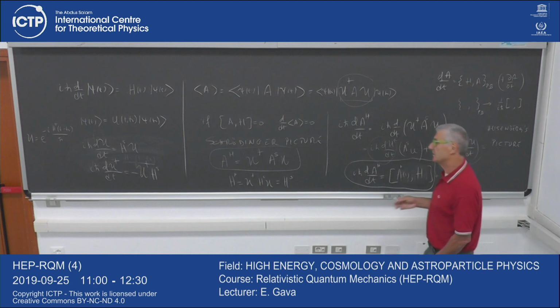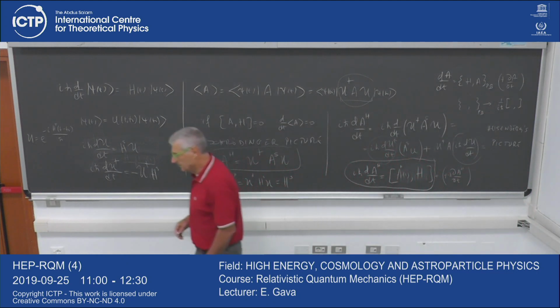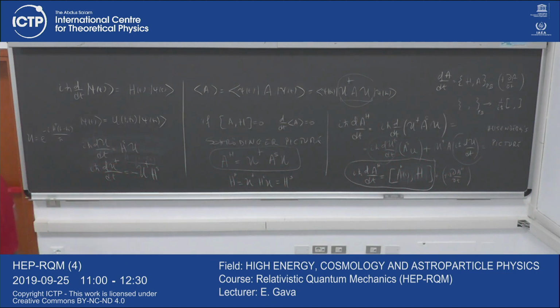And actually there is a third picture that we will study in quantum field theory, which is the interaction picture, the case where you split your Hamiltonian into an easy part that you can solve and the interaction part, which you don't know how to solve.